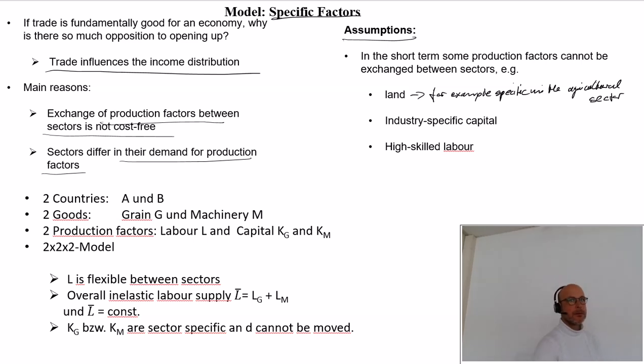Well, and if we go to the industry, then of course we find in some production situations very specific machines which we more or less can use only in the pharmaceutical sector, the chemical sector, or the automobile sector, where we cannot just exchange this machinery into other sectors.